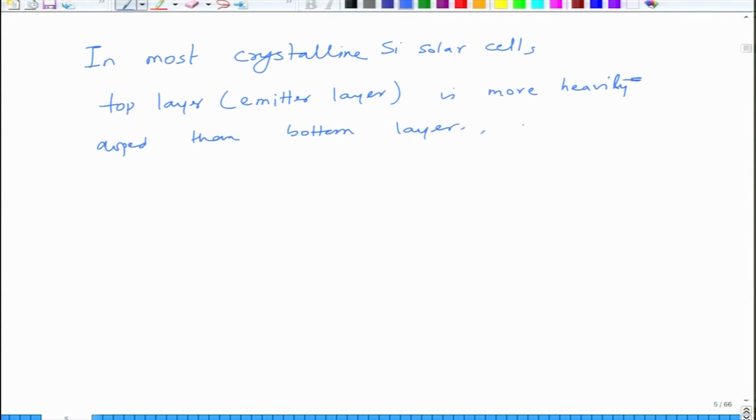As a result, the depletion region lies mostly, where will it lie? In the bottom region.